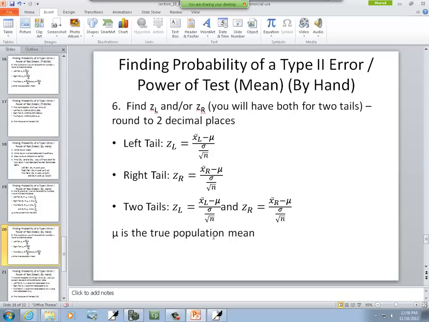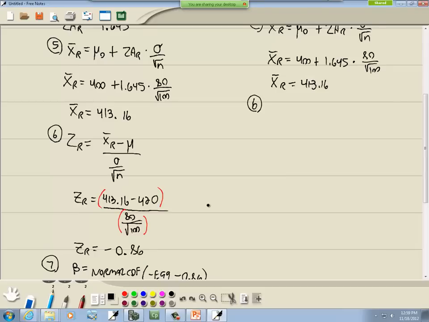Okay. Now, right tail. X bar sub r minus mu. It's the same formula. So we're going to find z sub r, which is x bar sub r minus mu over sigma divided by square root of n.